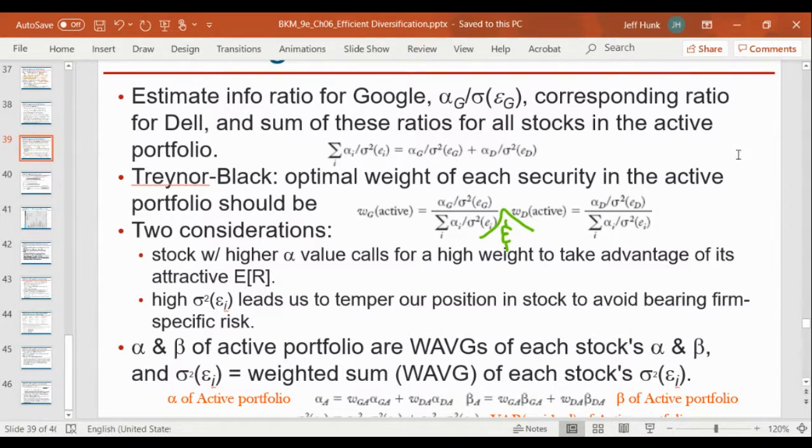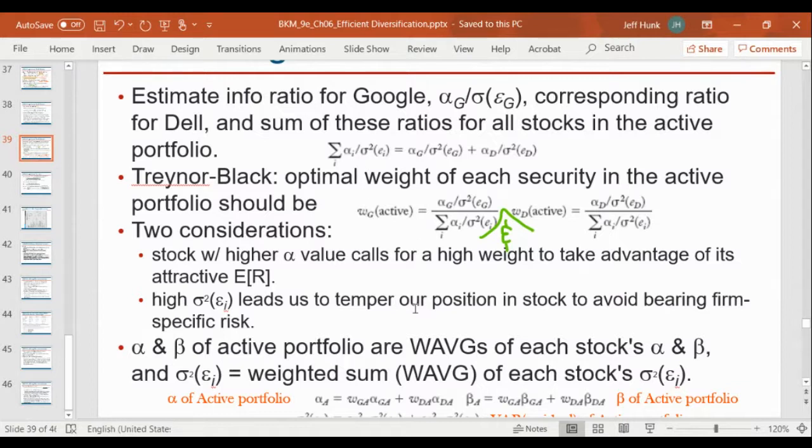So the information ratio for Dell, and these ratios for all stocks in the active portfolio. And if we have more stocks, yes, there will be. But in our example, our active portfolio consists of only Google and Dell.